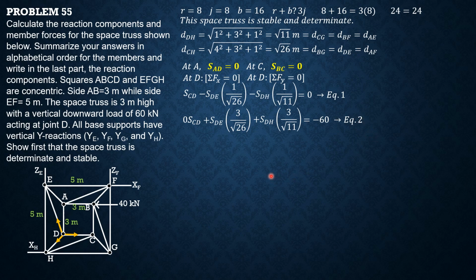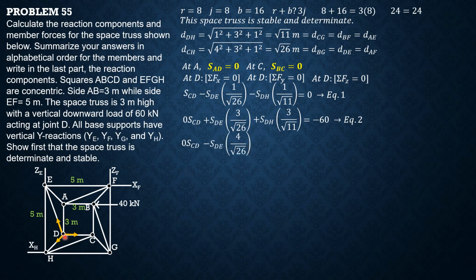So equation 2. Then finally, summation of forces along Z at D equals 0. So forward is positive. Again, CD has no component, so 0 as CD. Then minus SDE times 4, Z component of distance is 4 over square root of 26.